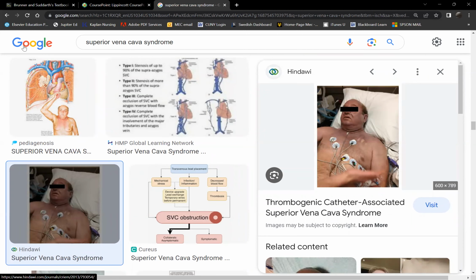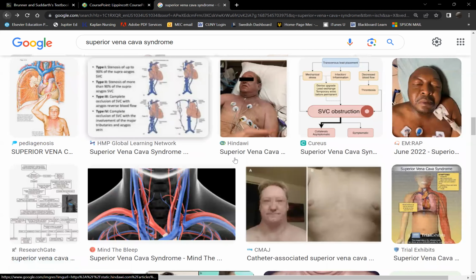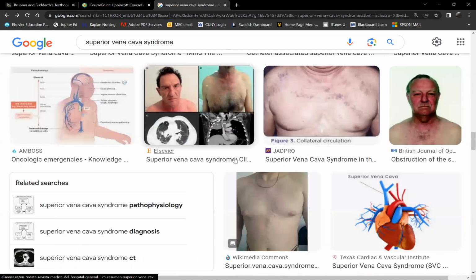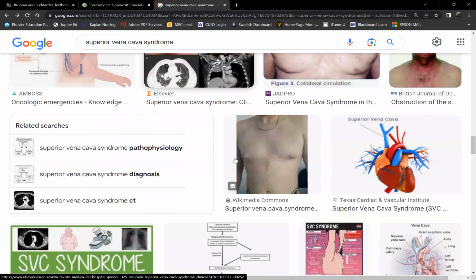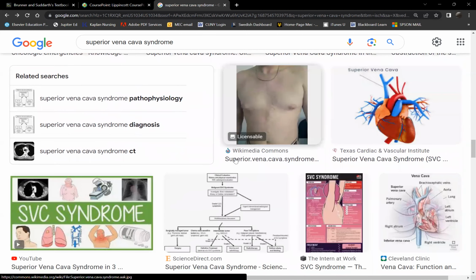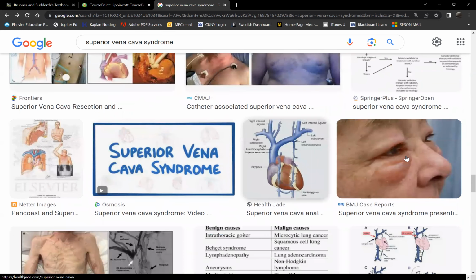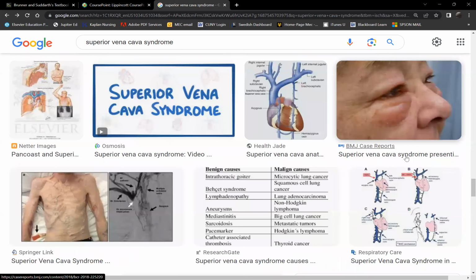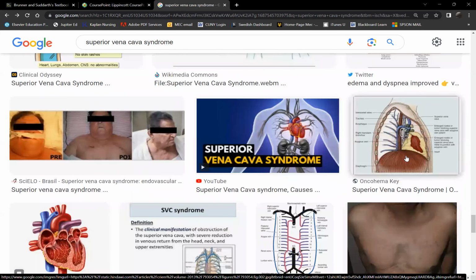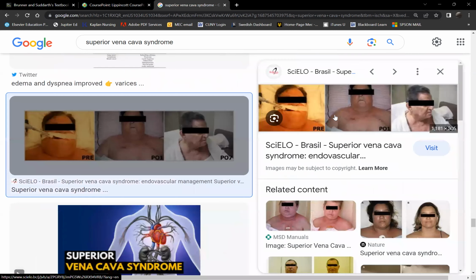They don't have bad enough pictures. So the facial edema is really bad in SVC syndrome. Here, see the periorbital edema? So here, this is pretty bad now. Look at that. Look at this guy. Okay, already intubated.